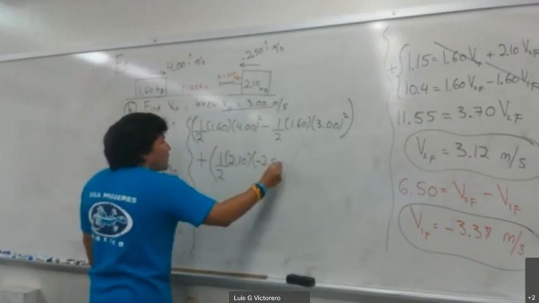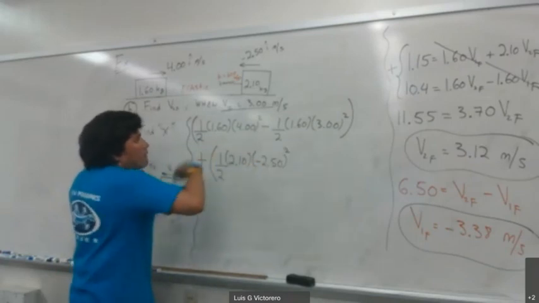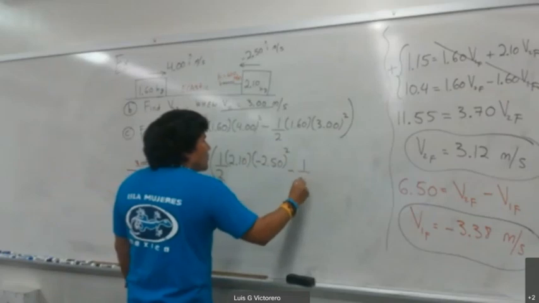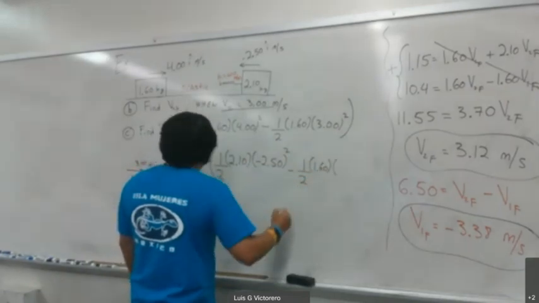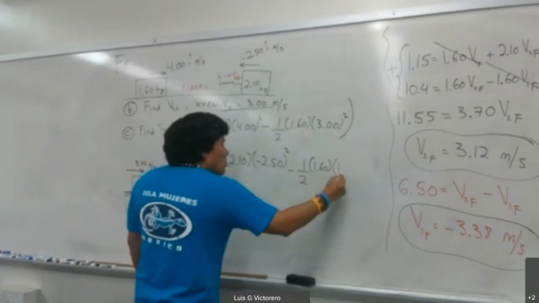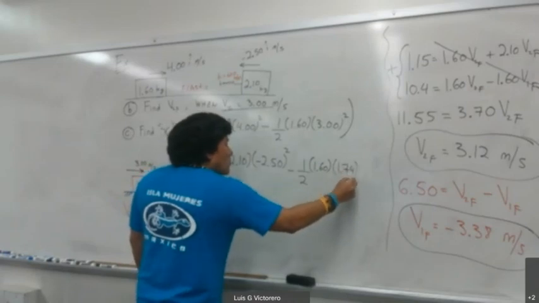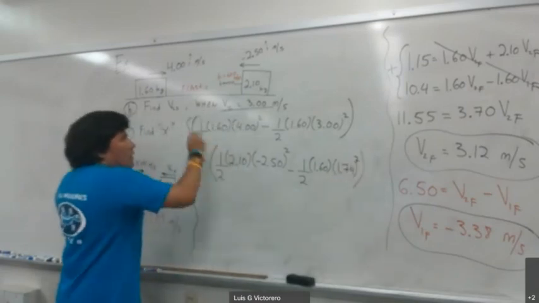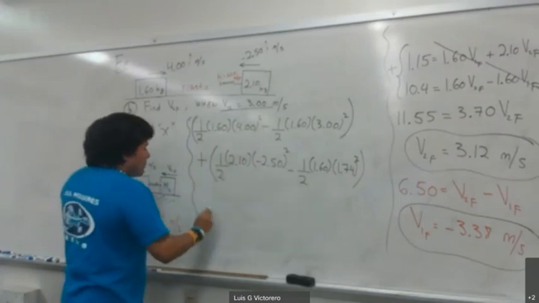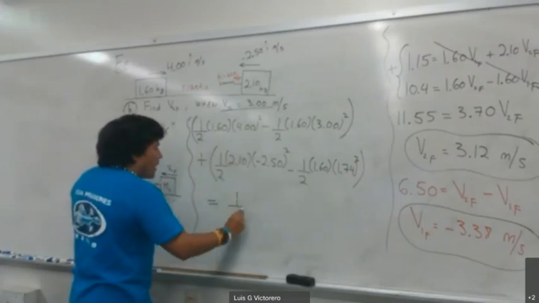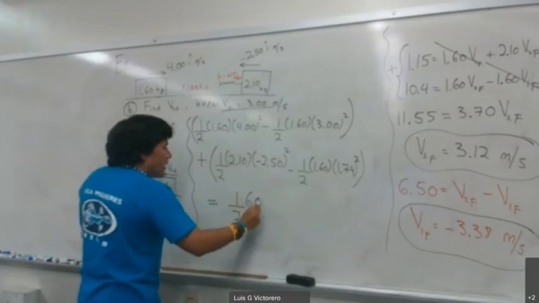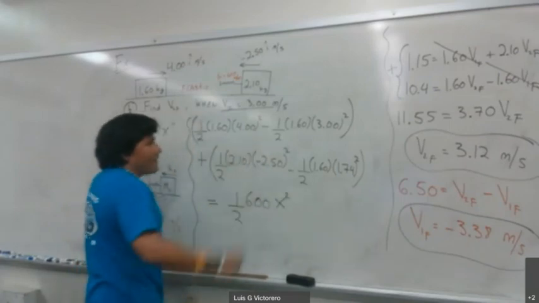Because it's already squared. Minus energy plus energy, difference of energies together, equals one half K x squared.